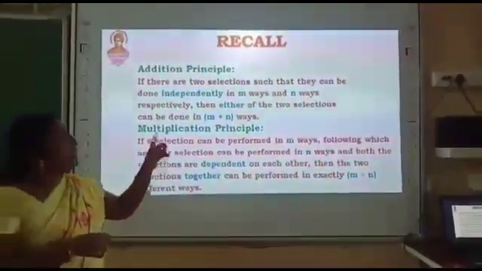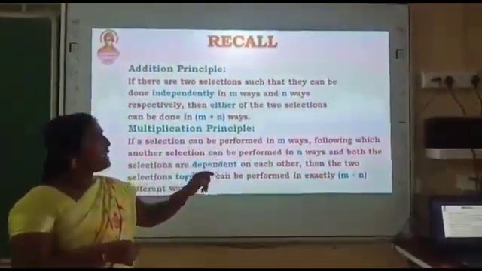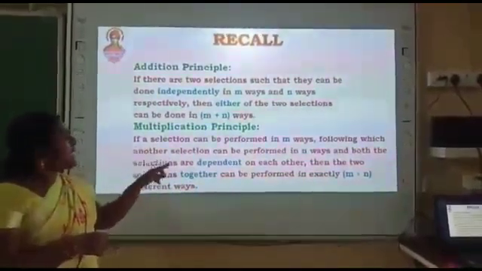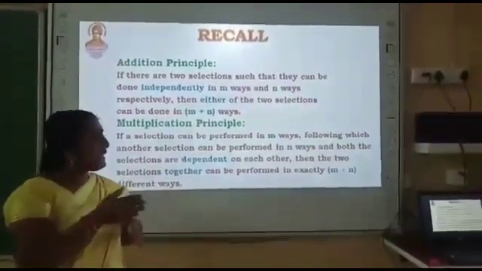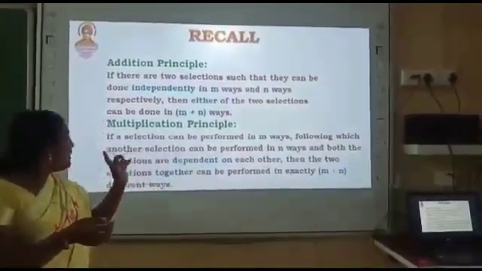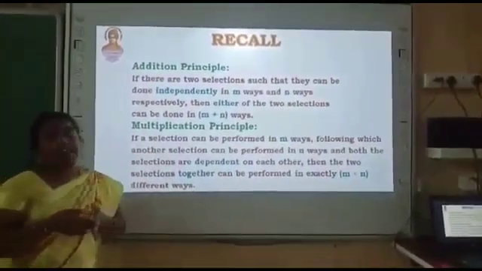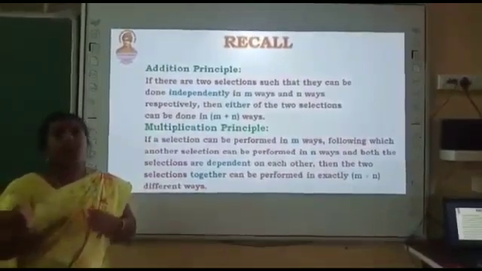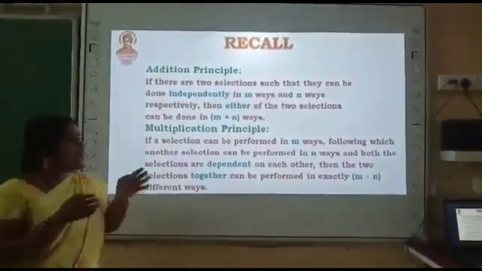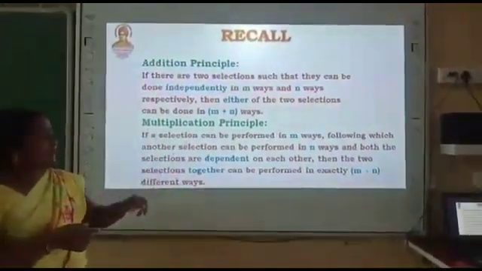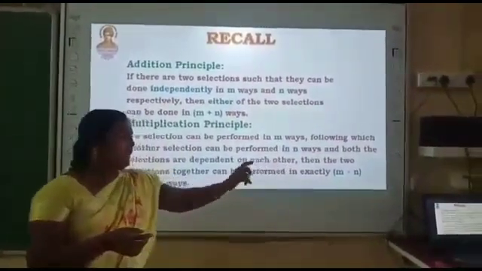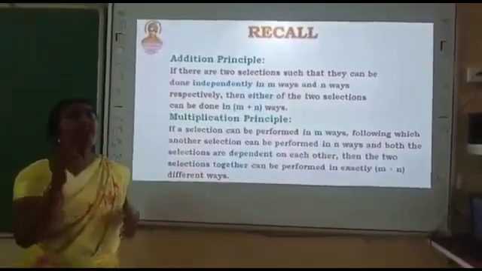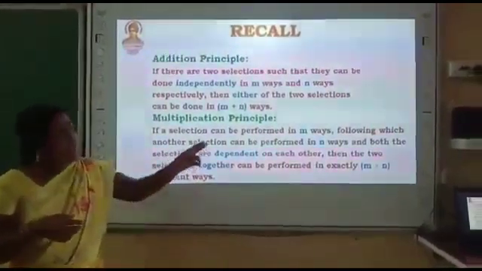If a selection can be performed in m ways, following which another selection can be performed in n ways, and both the selections are dependent on each other, that is the multiplication principle. In that case, you can use m into n ways.